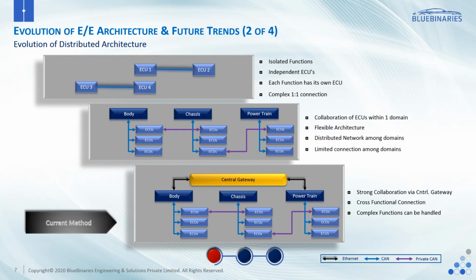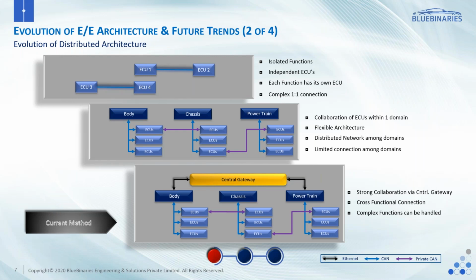Later, due to the introduction of different protocols in automotive like CAN, LIN, slowly the trend changed from isolated ECUs to connected ECUs, where ECUs get connected to other ECUs on the network, collaborate, and exchange data.